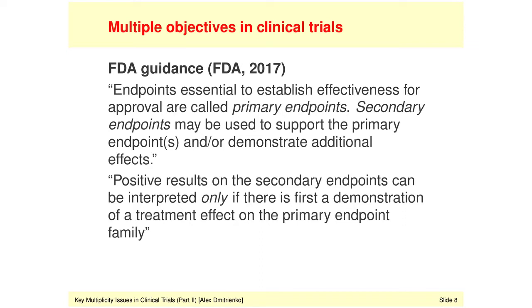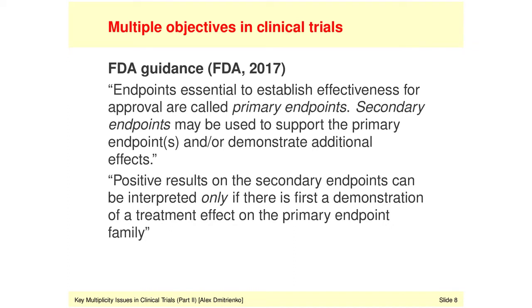The only quick point I would like to make here is that this FDA guidance focuses on multiplicity induced by the analysis of multiple endpoints. And this is why it always refers in those quotes and throughout the document to endpoints. But we need to recognize that the same principles would of course apply to other types of primary and secondary objectives.